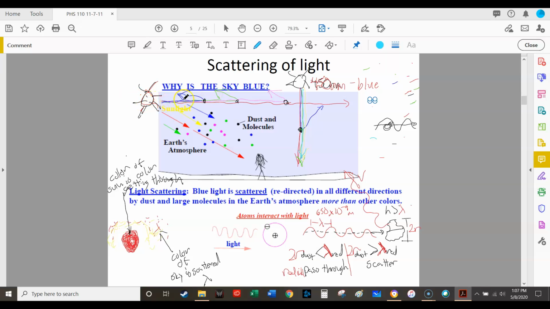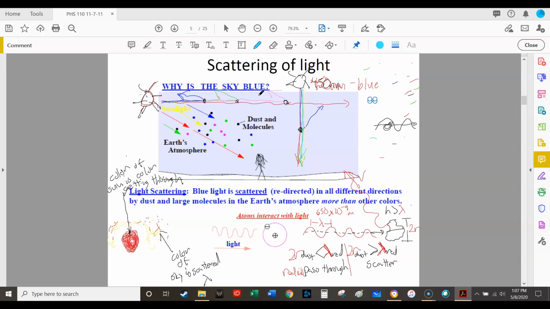The further the light has to travel in our atmosphere, like at sunset and sunrise, when the sun is low on the horizon, well, it's got to go through a whole lot of atmosphere. So by probability, those light rays, those blue, green, and pink light rays are going to just eventually hit a dust particle, and it's going to be scattered out, right?